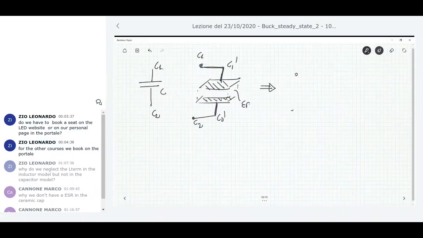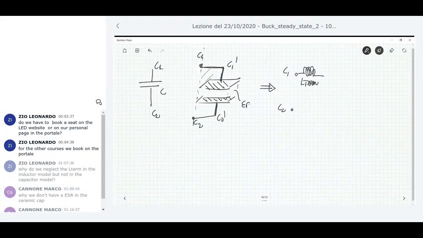equivalent electrical model of this construction? Let's start with external terminals C1 and C2. Again, when you put these capacitors on a printed circuit board, you have current flowing to these terminals, and this current flows through a loop, exactly the same way we discussed today. So we have an inductance here, due to the termination.